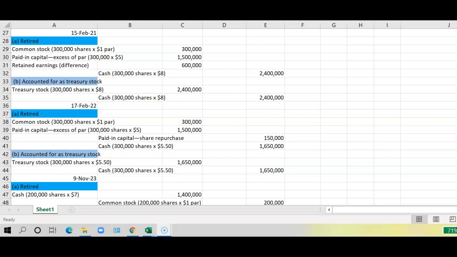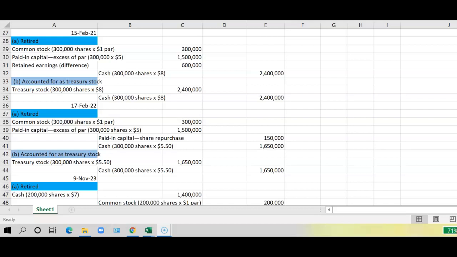So when you look at this journal entry, we have removed the common stock the company is repurchasing. We remove the paid-in capital based on what the company is repurchasing at its original selling price. And that was $6, but they paid $8 more.